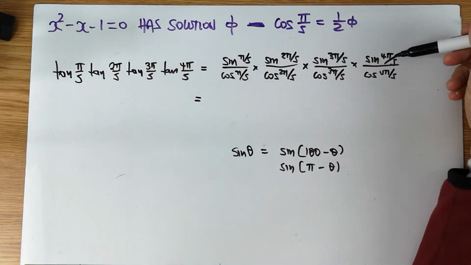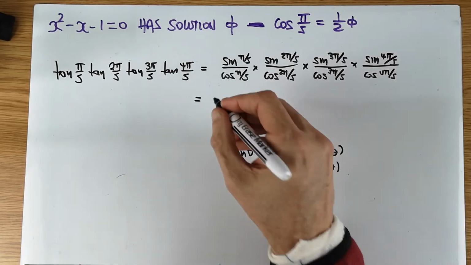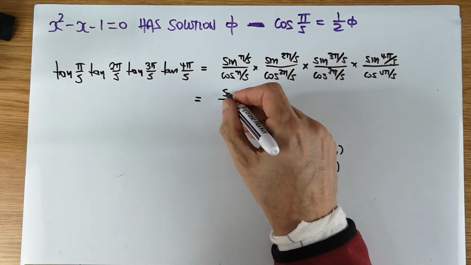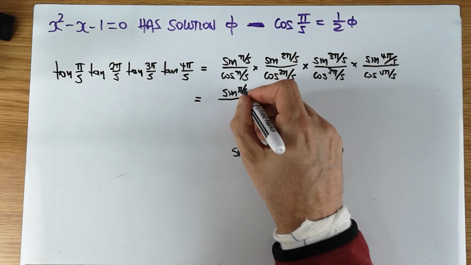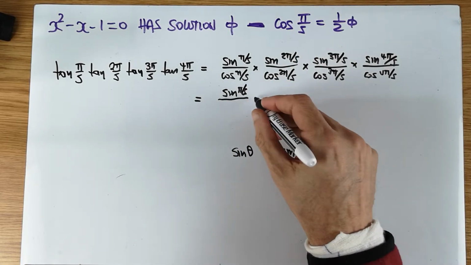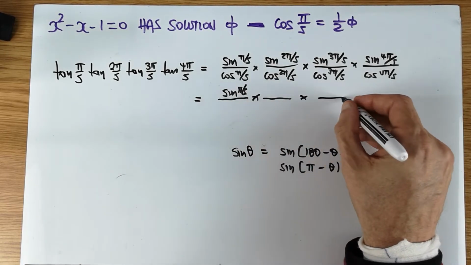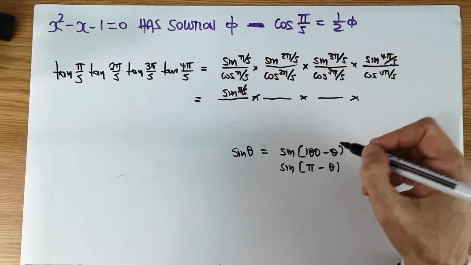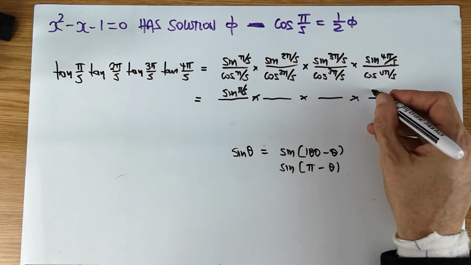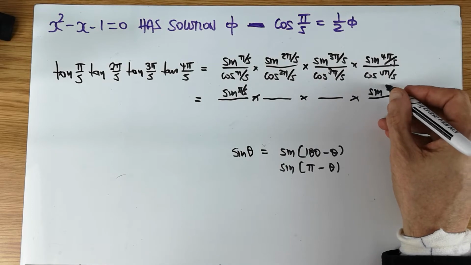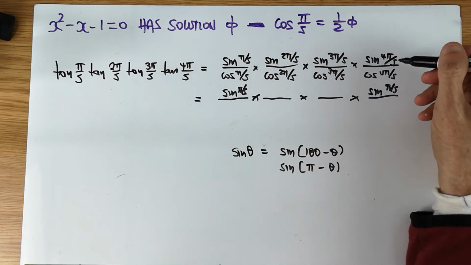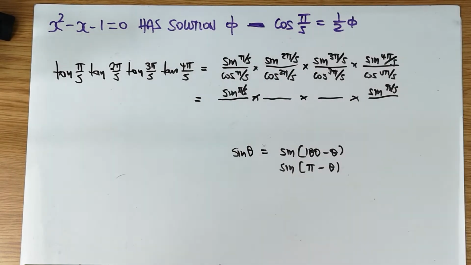So the sine of 4 pi over 5, I can write it, and I apologize because I'm writing a lot of unnecessary stuff over and over again, is of course the same as the sine of pi over 5. Pi take away pi over 5 gives us 4 pi over 5.